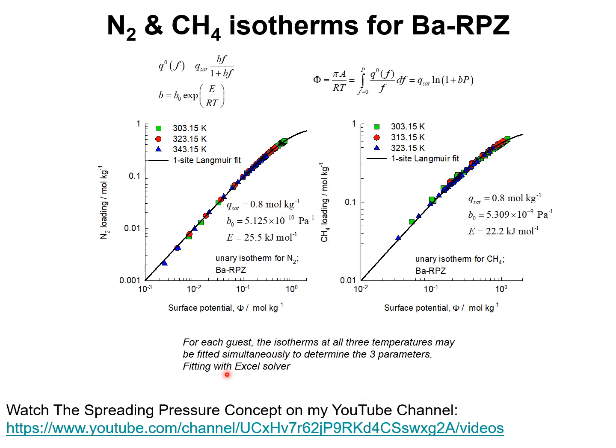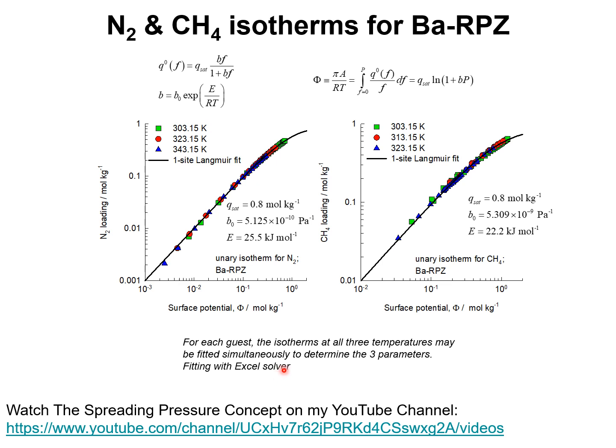Now, what I do generally is to choose the isotherm model, in this case the single site Langmuir model, and for each of the guest species determine the three parameters QSAT, B0, and E using the Excel solver.